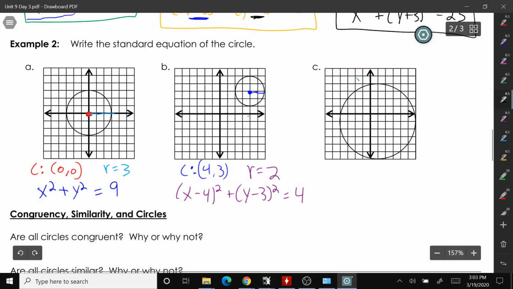And then the last one, our center is right there. So your center is 1, -1. And then your radius, 1, 2, 3, 4, 5.